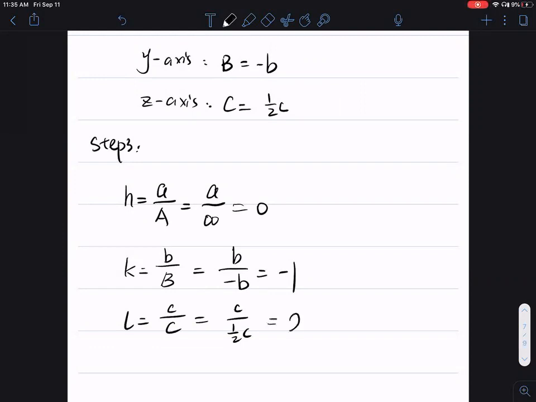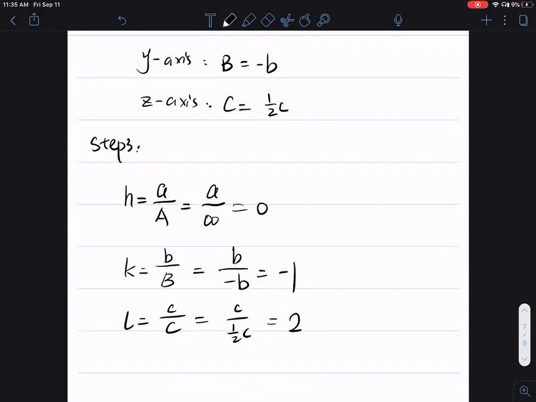We got 2. Okay, very good here. Now we found H, K, L, all 3 numbers.